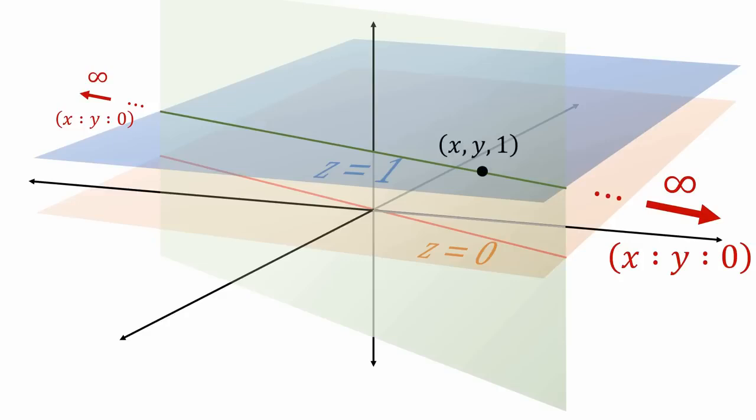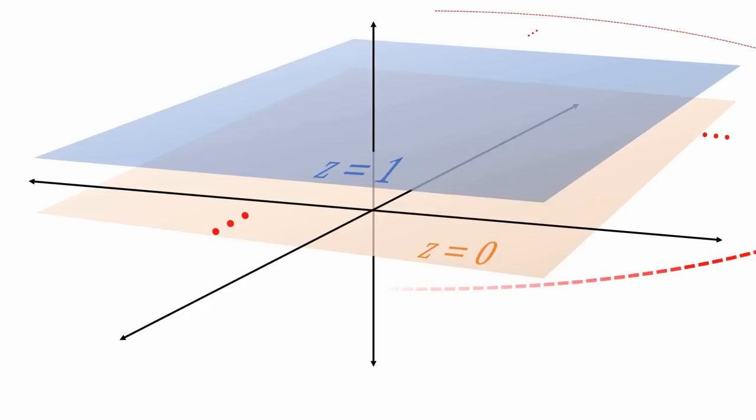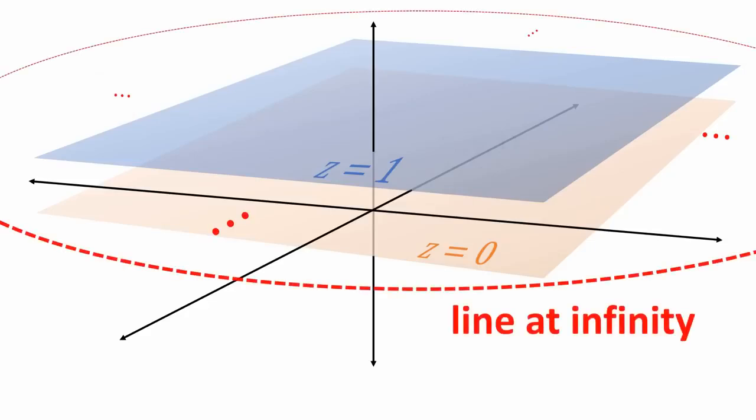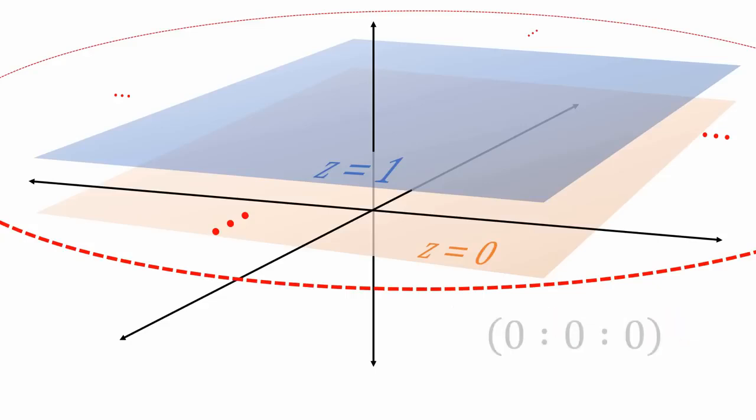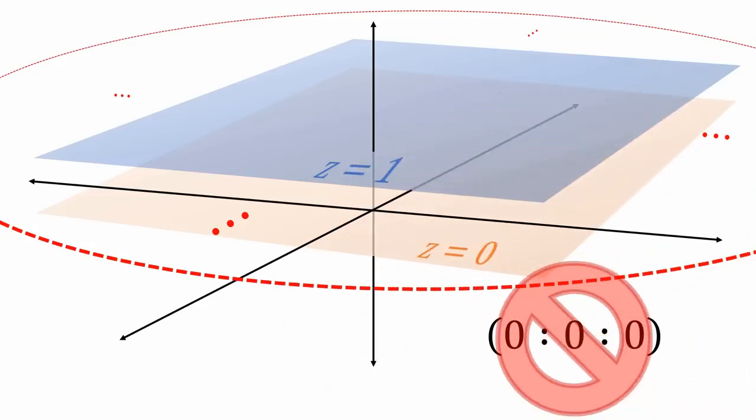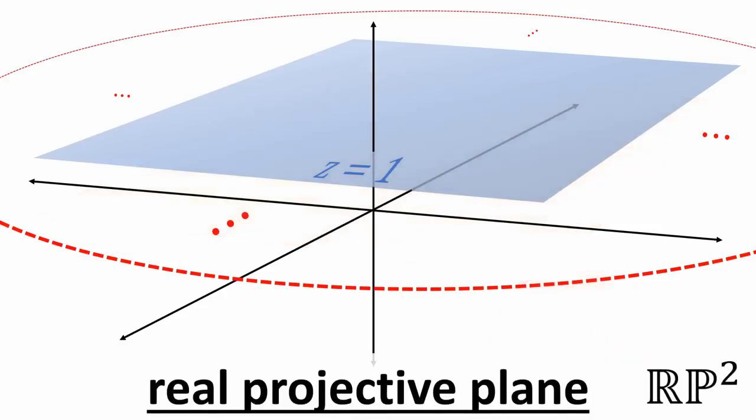Of course, it's important to know that this is the same as the point in the direction of negative x, negative y, since this is just scaling by -1, and we know that the two directions are really connected. If we connect all the points at infinity together, then we have the line at infinity, just like the horizon we saw earlier. And as before, the only invalid coordinates are 0:0:0. By including our points at infinity, we have extended the Euclidean plane to what we call the real projective plane.